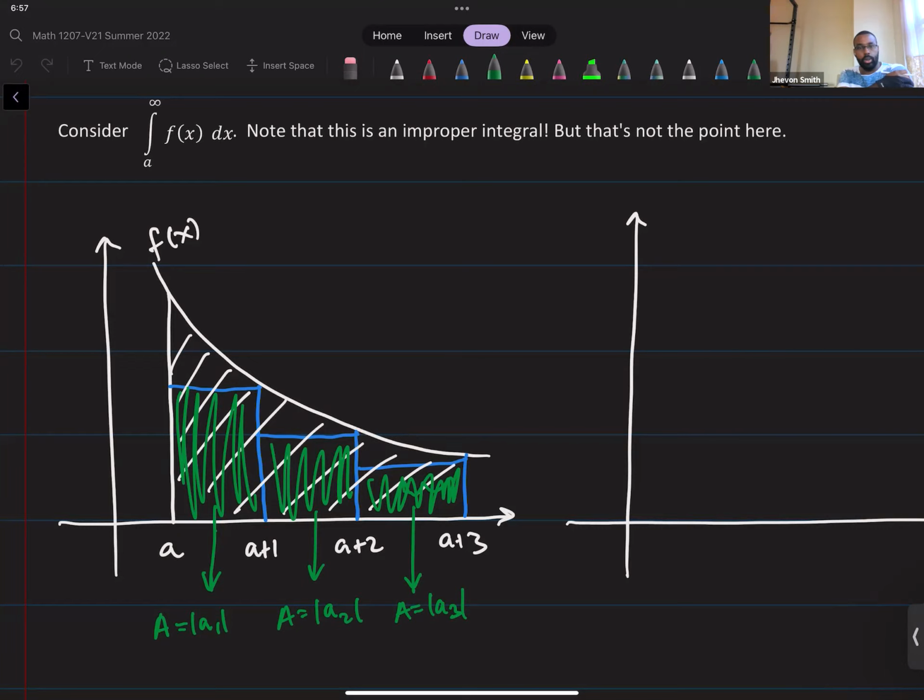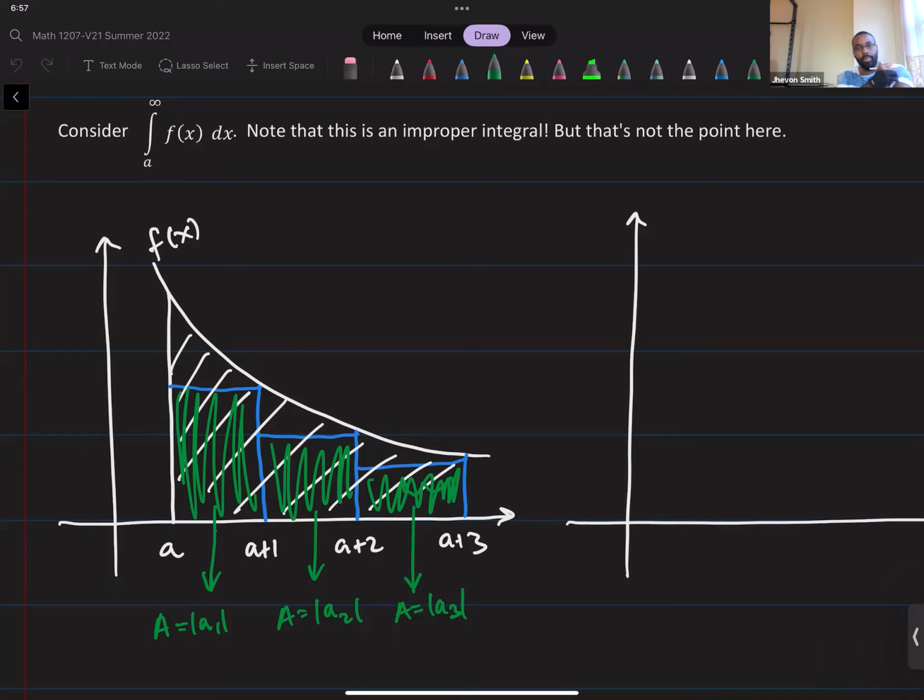Now, it turns out we can do something that's kind of like the comparison theorem. So notice that the white shaded area has to be greater than or equal to the green shaded area, no matter how many rectangles I use, which tells me that if the white area converges, it adds up to a finite number, then the green area needs to converge as well.